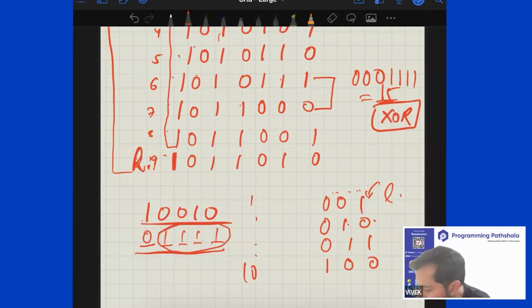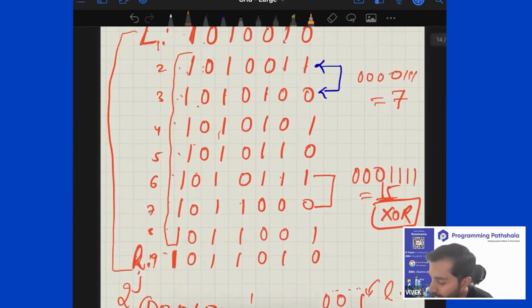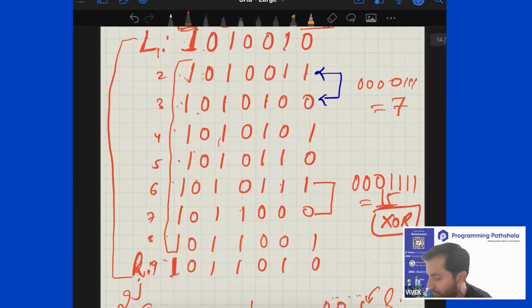Because the overall sum of this is 2 power j minus 1, and this thing alone is 2 power j. So 1 followed by all zeros is greater than 0 followed by all ones. That is the idea. So what I can say is that if the smallest number has 1 at the most significant bit position, then all these numbers below it would also have 1 1 1 1 1 over here, provided that this is also 1 here and that is also 1 here.